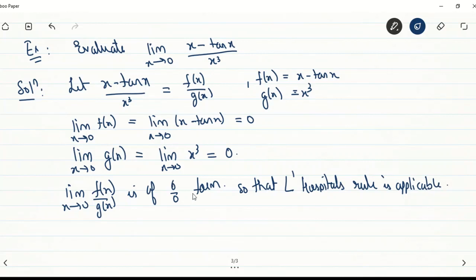Now if L'Hospital's rule is applicable, then the limit as x tends to 0 of f of x upon g of x is equal to the limit as x tends to 0 of f dash of x divided by g dash of x. It means we have to find the derivative of f and the derivative of g separately and substitute there.